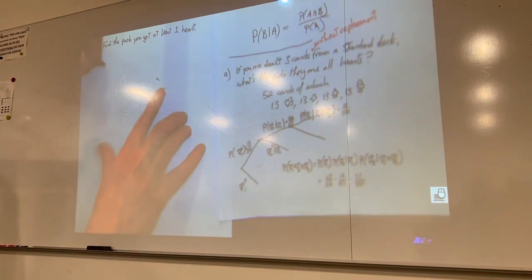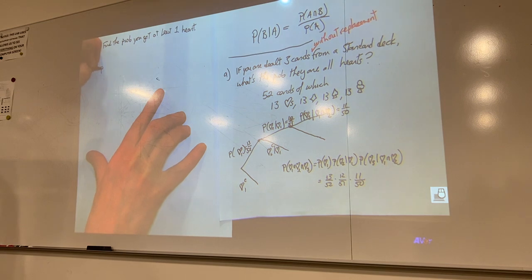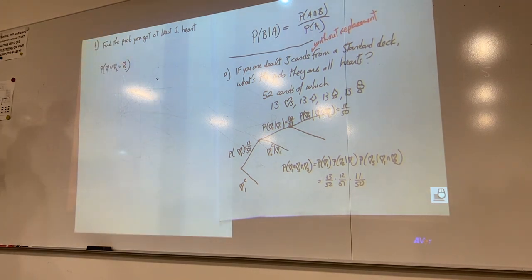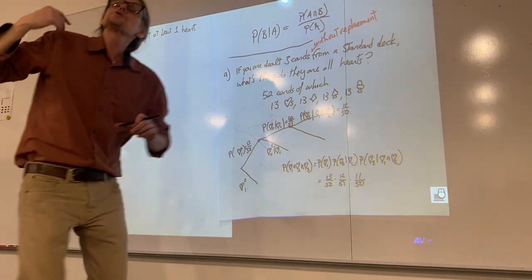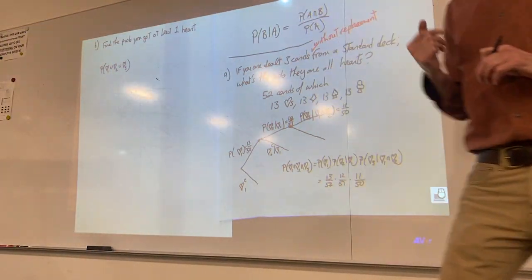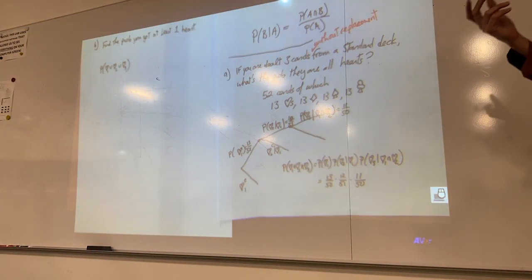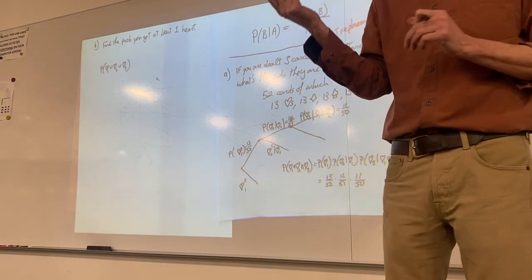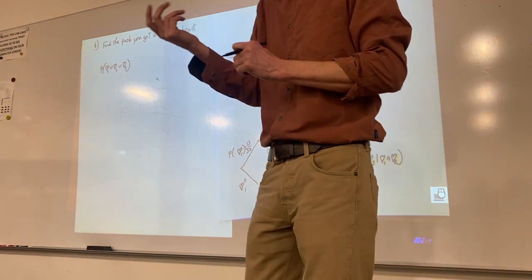That at least one heart is the probability of heart 1 or heart 2 or heart 3, right? Doing it directly might be kind of tricky, and what I mean is it has a lot of moving parts. Not that it's hard, it's just you've got to be careful, right?